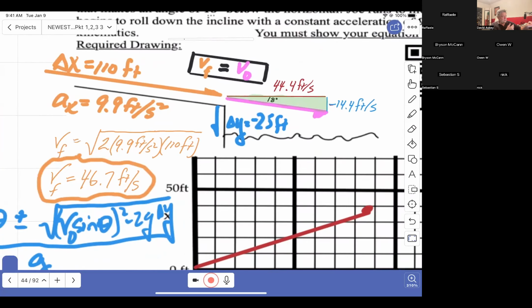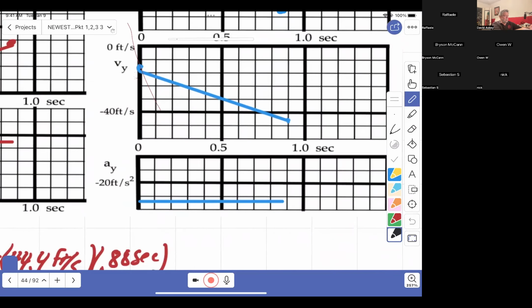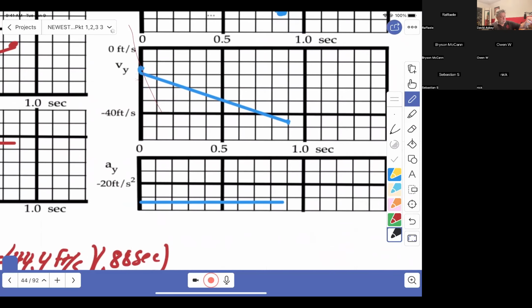I should probably make that negative. It shows as negative, but in the equation it's going to be negative 18. And that gives me negative 14.4. So for the Vy versus T, I start at negative 14.4, and the slope, let's get the arrow going here. The slope of this line right here is always negative g. Wherever planet you're on, it's always negative g.